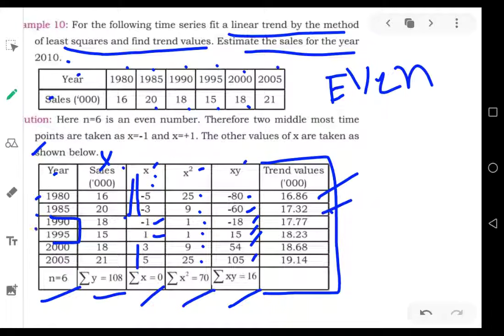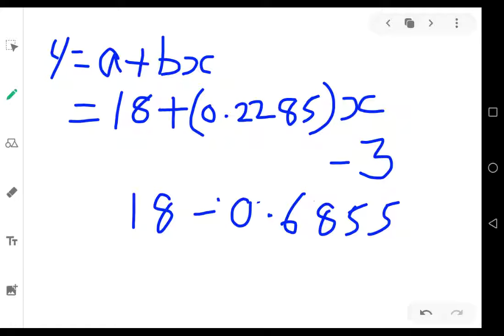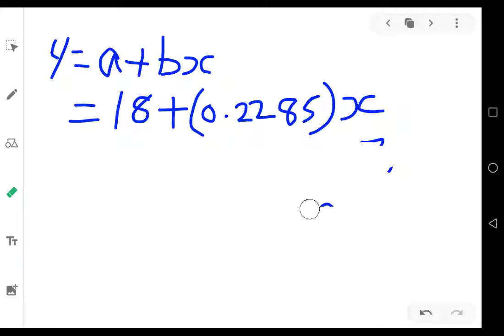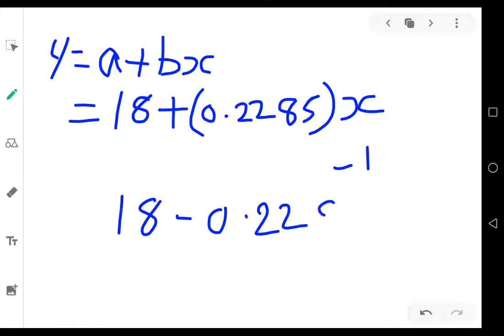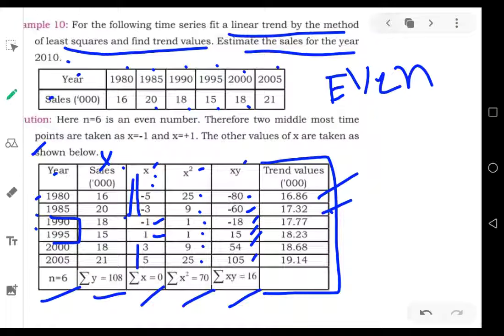For the next year 1990, you have the x value as minus 1. When the x value is minus 1, your answer should be 18 minus 0.2285 into 1, so 0.2285. So 18 minus 0.2285, you should get 17.77 as your answer.